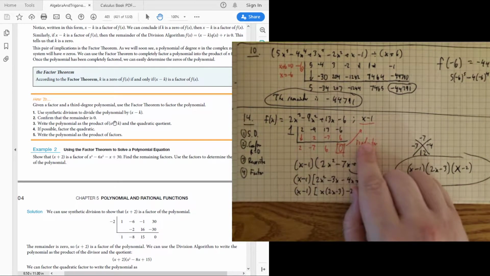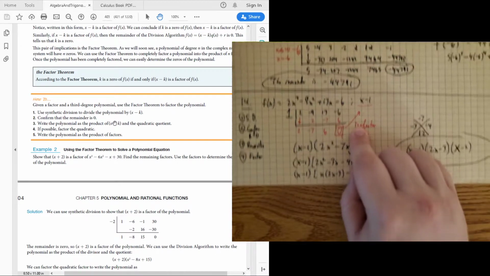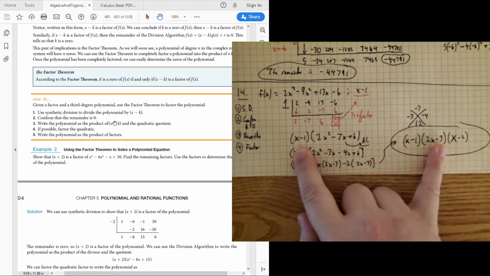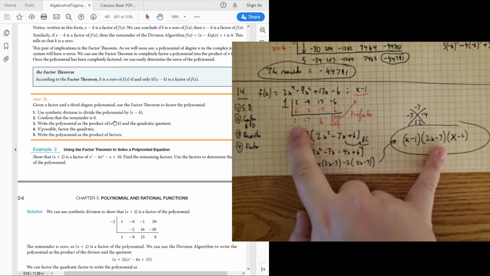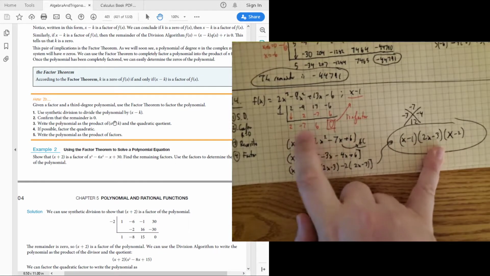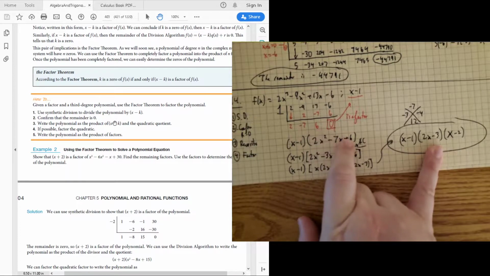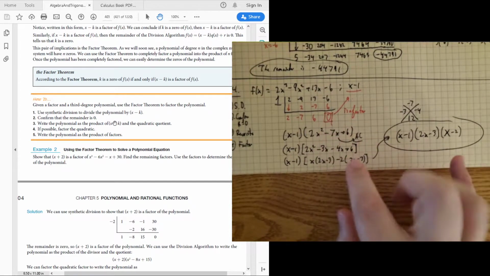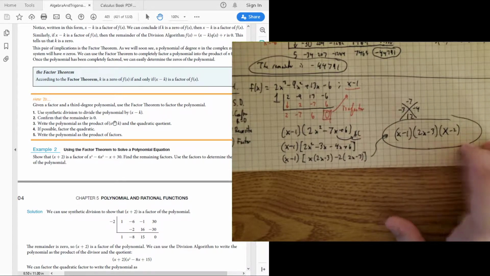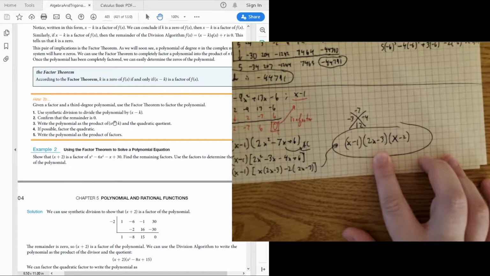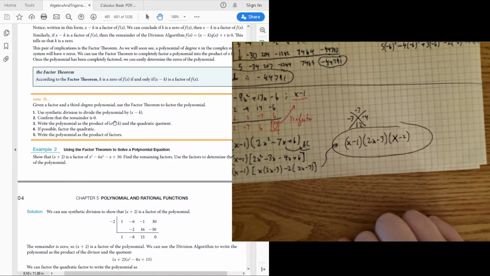We did. That tells me that this is a factor. Then write the polynomial as the product of this times the quotient. Remember, the quotient is the leftovers, the 2x squared, the negative 7x, and the 6. And then finally, factor the remaining pieces and write the product as a polynomial. This is our solution for number 14.